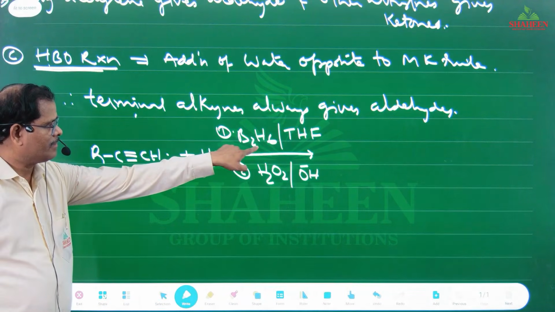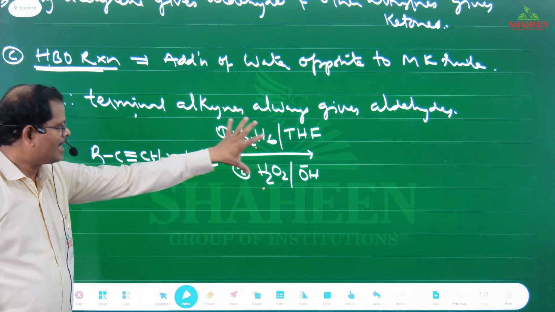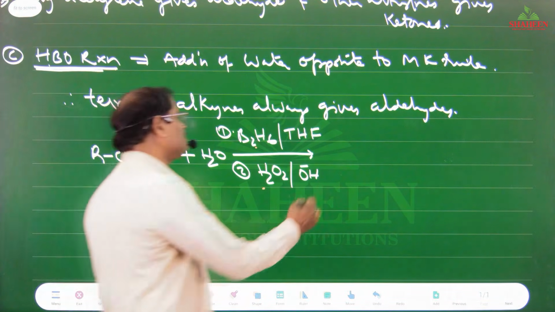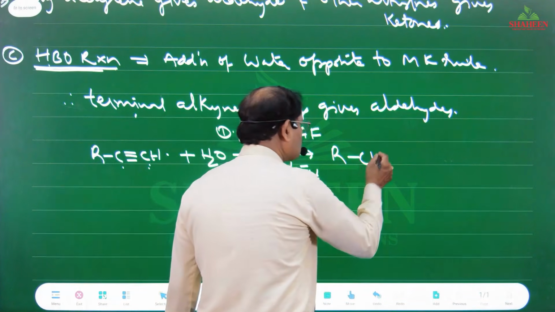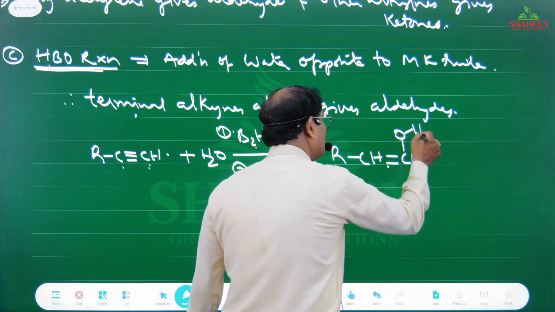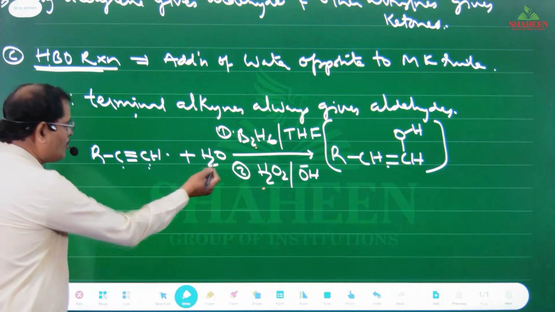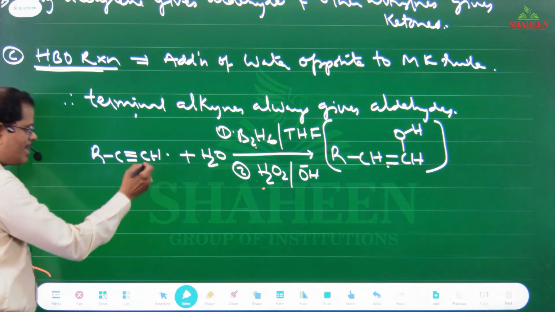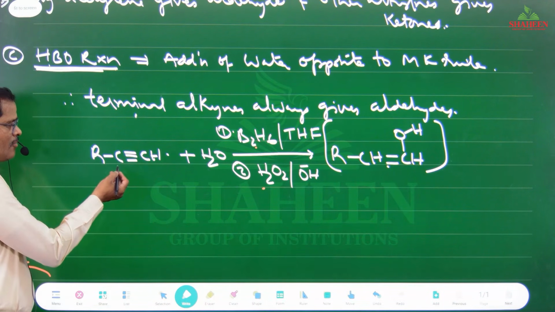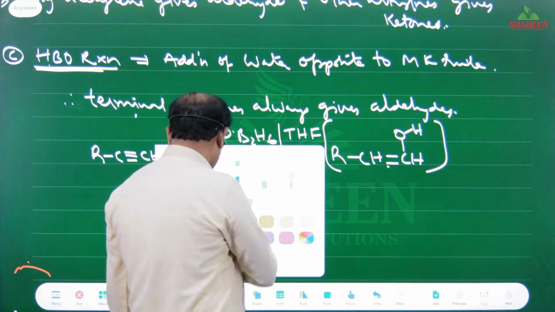Hydroboration is the first step, then oxidation. Hydrogen peroxide is the oxidizing agent. Finally, addition of water takes place, and this addition does not follow the Markovnikov rule but the anti-Markovnikov rule, opposite to the Markovnikov rule. The hydroxy group is bonded with the carbon atom with more hydrogen atoms. With fewer hydrogen atoms, it is the Markovnikov rule; with more hydrogen atoms, anti-Markovnikov.